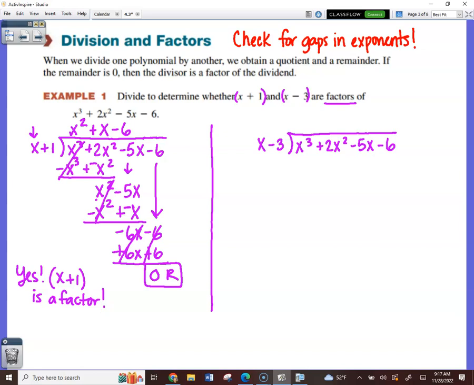Now, in my math lab, they're going to ask you to type what you got after you divided it, multiply together, plus the remainder. So I'm going to show you what that looks like.